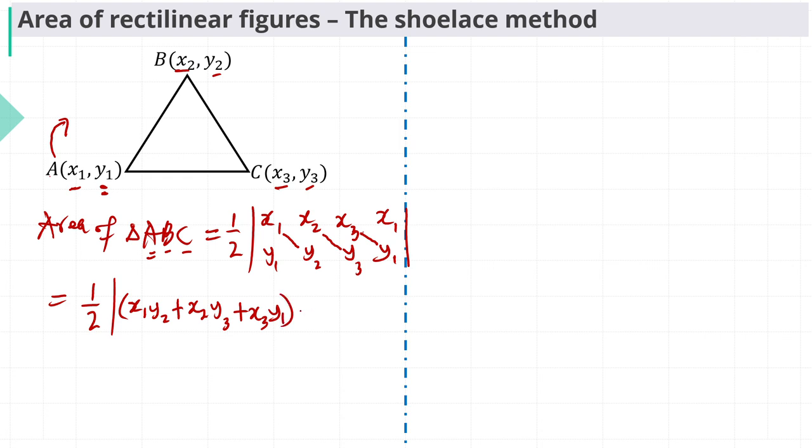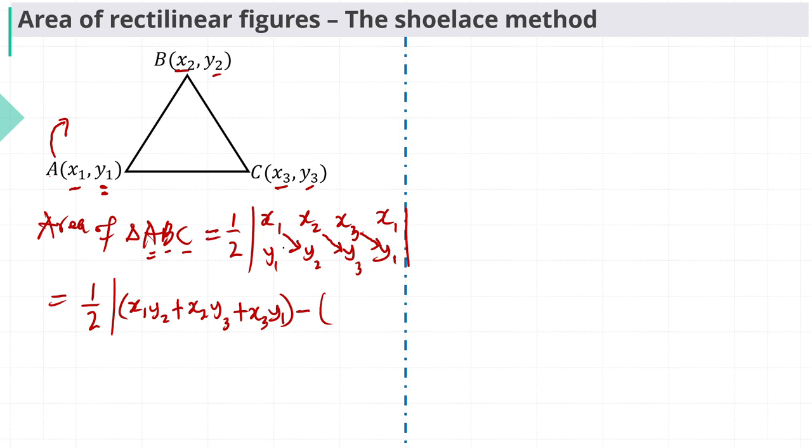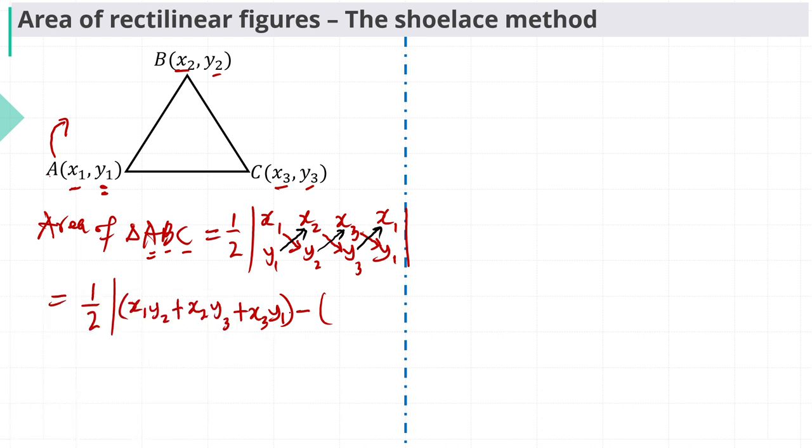Then you now subtract the sum of the upward products. I call this one the downward product, and let's refer to these ones, the sum of the upward products. So I'm going to subtract these ones.